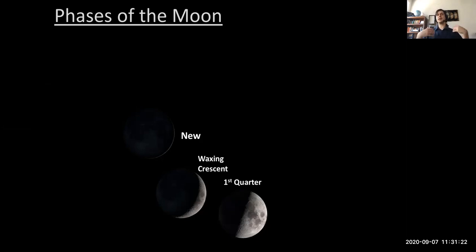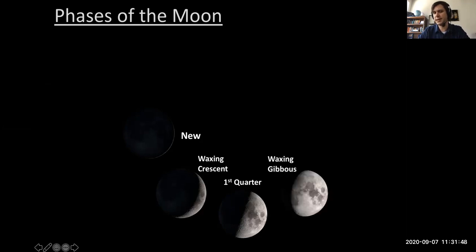We're seeing more of the day side of the moon every day. We've gone a quarter of the way through the cycle of phases, so we call this the first quarter moon. We're technically actually seeing a quarter of the moon lit up as well, because here we have 1/4 of the moon, here we have the night side, another quarter, and then we have the 2 quarters on the back side as well.